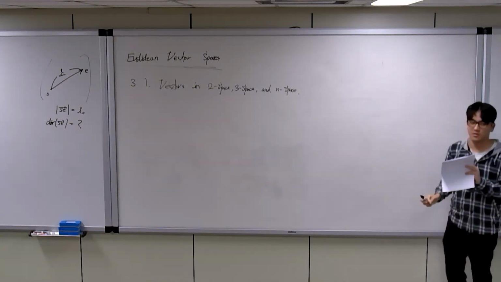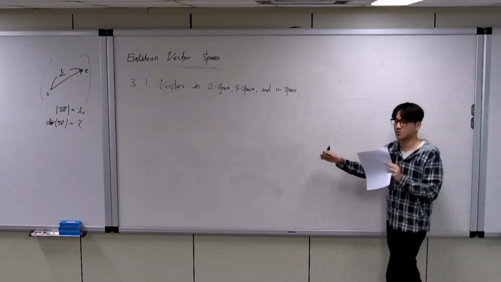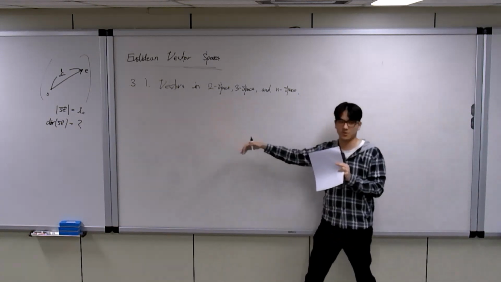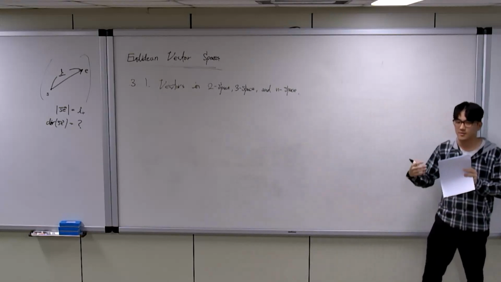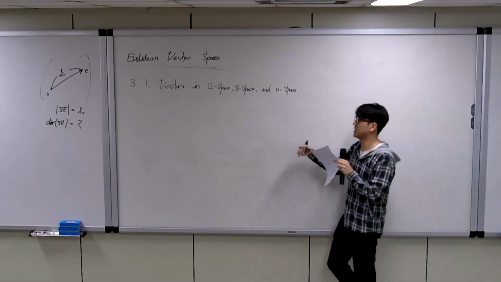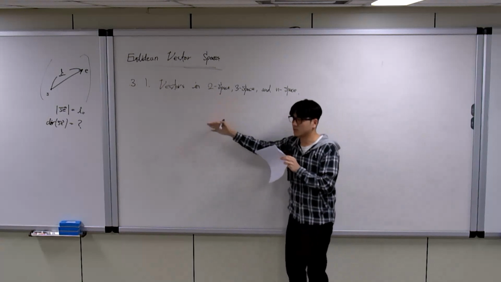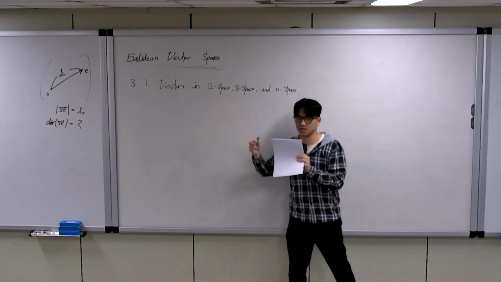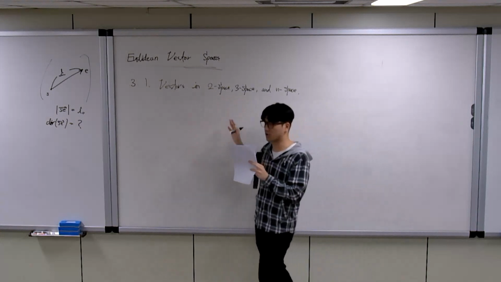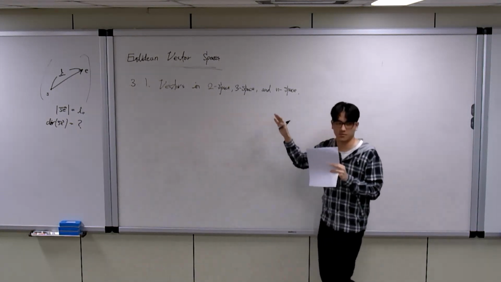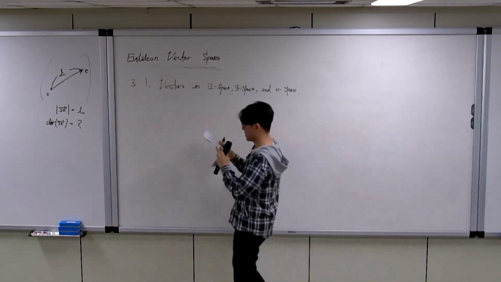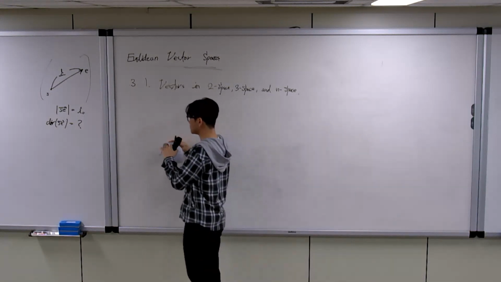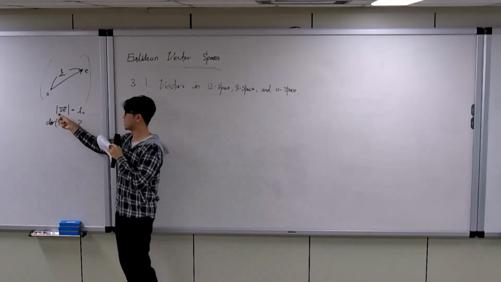Because we are living in a three-dimensional world, it is quite familiar, and physicists developed some information about vectors in two-dimensional and three-dimensional space. So we will generalize that information to n dimensions.